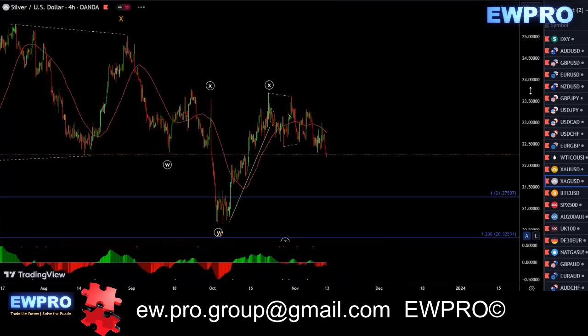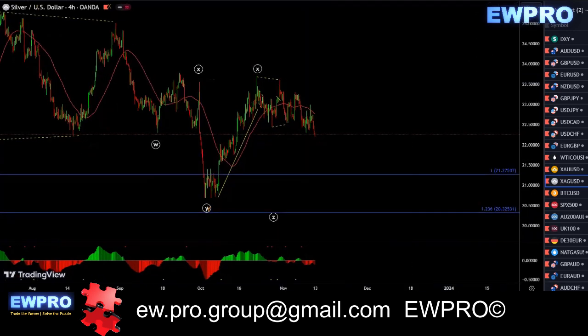Nothing's changed. There was a possible flat in here as an A, B, C, and then give us another one up. But I said you have to be very careful because we got that bear hidden here. We got like 1, 2, 3, 4, and this can come down and break that low or become very deep to this impulse.